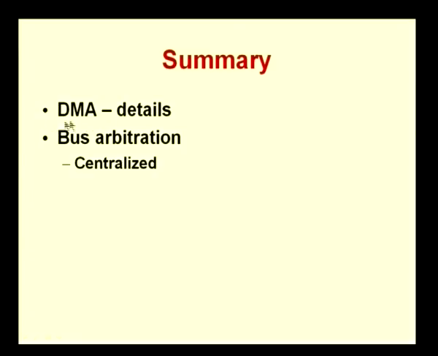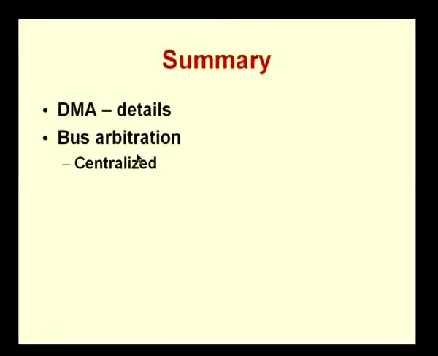To summarize, what we have looked at in today's lecture is DMA, the direct memory access mechanism, and we have looked at the details of how it works, that is how the different parameters have to be specified into the DMA controller and how the DMA controller does the data transfer. With respect to the data transfer, we said there are 2 mechanisms.